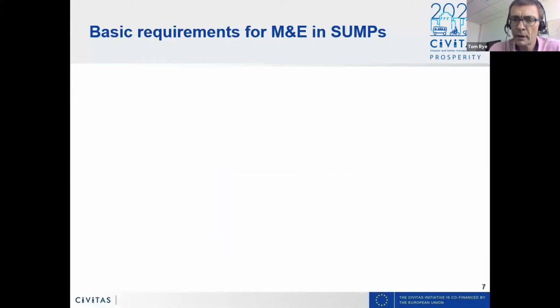So in your SUMP, even if you propose doing just a little bit of monitoring and evaluation, then you're probably going further than your city has ever done before, certainly in a systematic way. So don't feel too bad, even if you're taking quite a simple, basic approach, especially if it's your first SUMP.